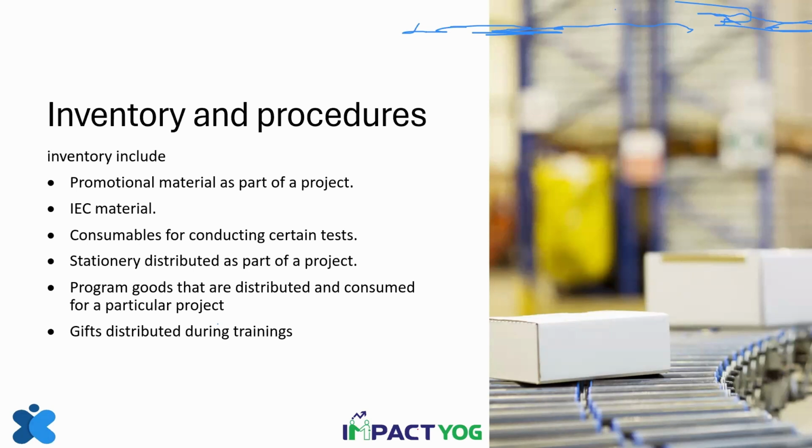Program goods are basically goods which will promote the program activities directly. Gifts distributed during trainings, some kind of token items that you might want to give to the beneficiaries or to people attending the training sessions, are all inventory.